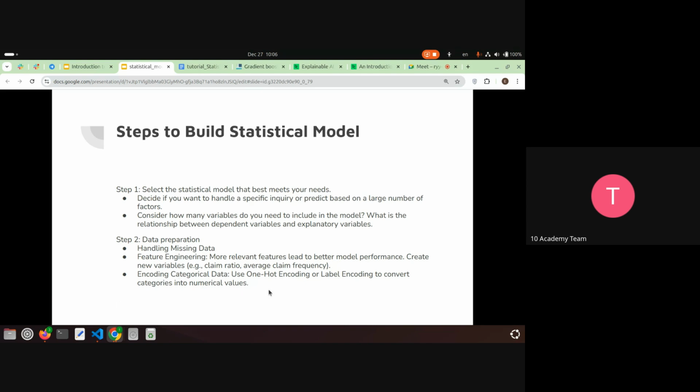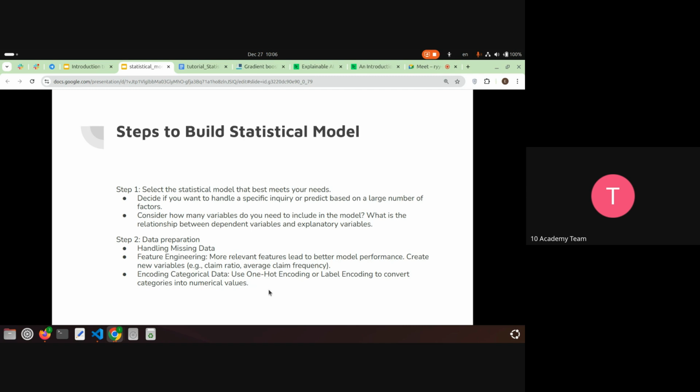Basically, one hot encoding, label encoding, and you can find these, of course, in scikit-learn or in the libraries you're going to be using. You just need to understand which features you need to convert in that way.